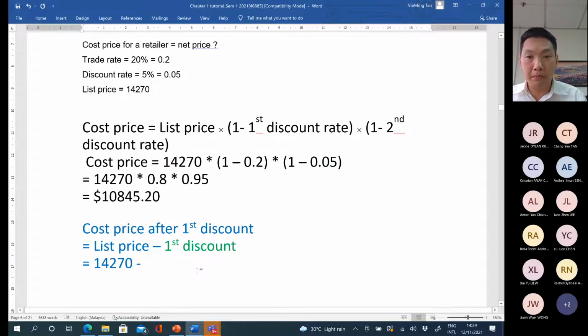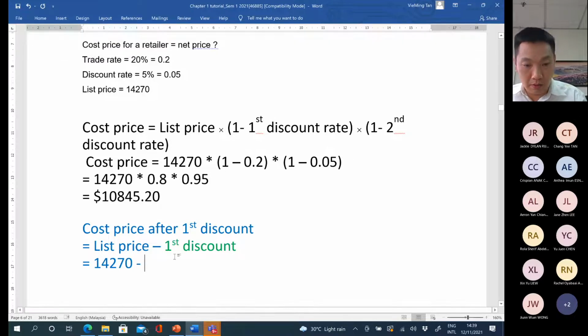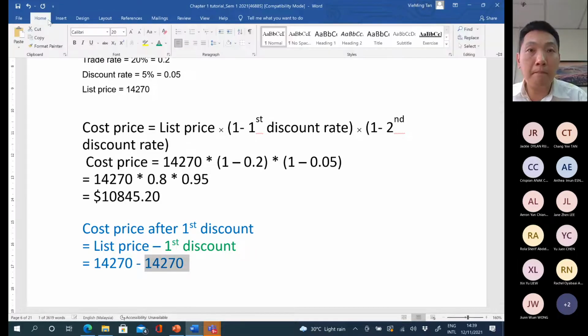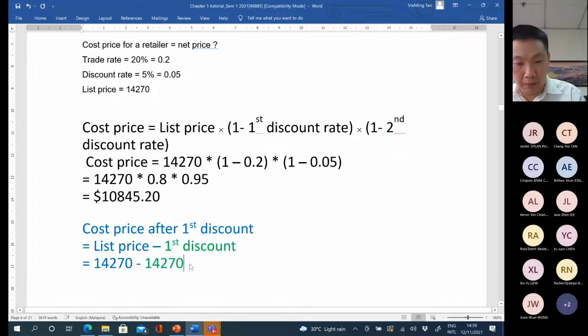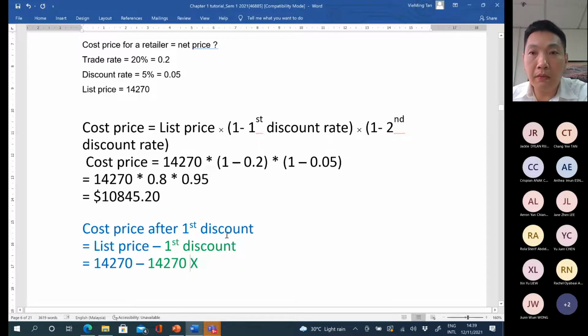Okay, we do step by step. So I use green color. So it's 14270 multiplied with the first discount.